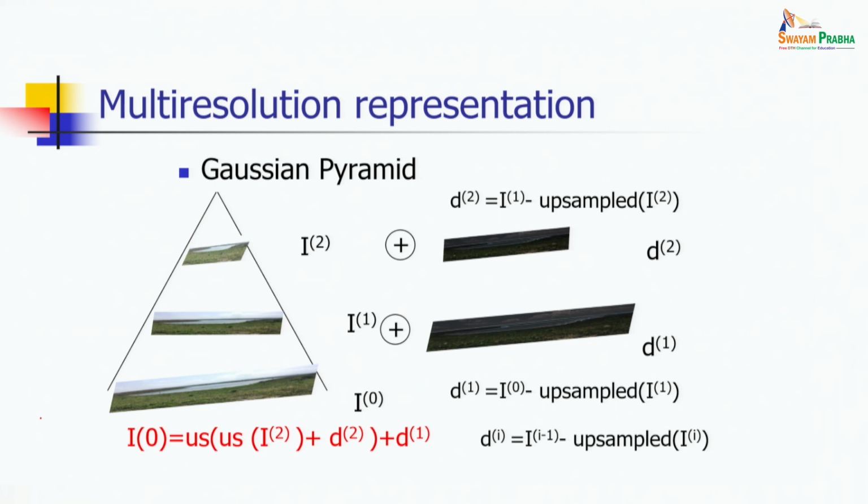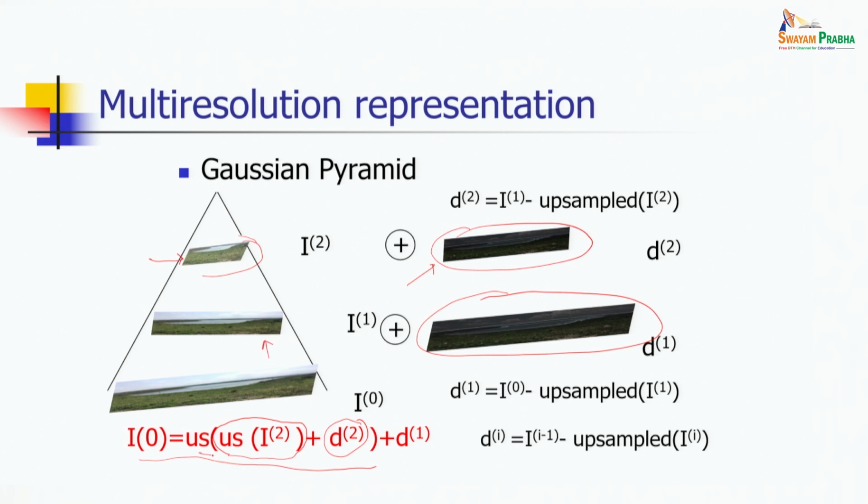So, this is the full form. If I use this one and this one, then I can reconstruct the original image in the original resolution by doing this. You can see that I start this operation: upsample this image I2 and then add the details, which will give me I1.